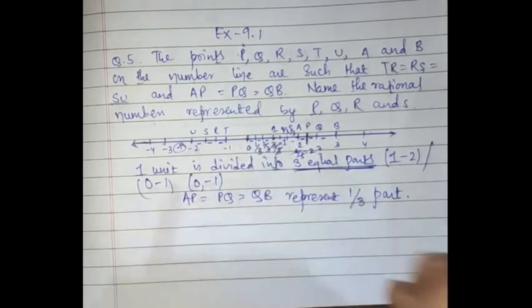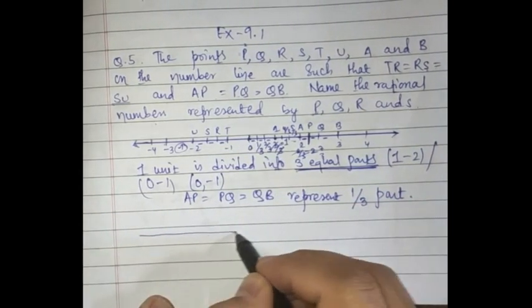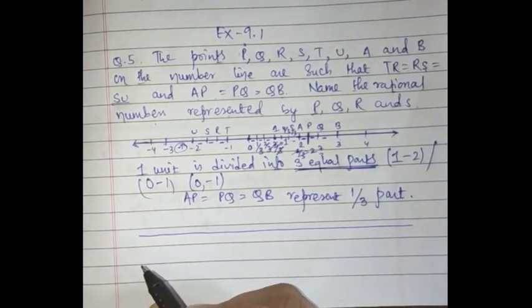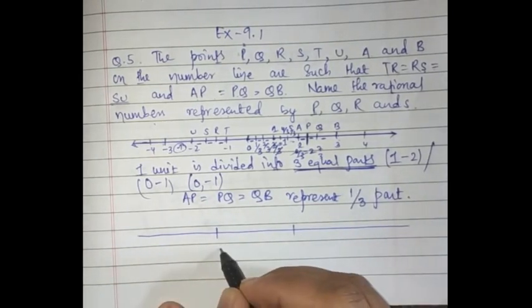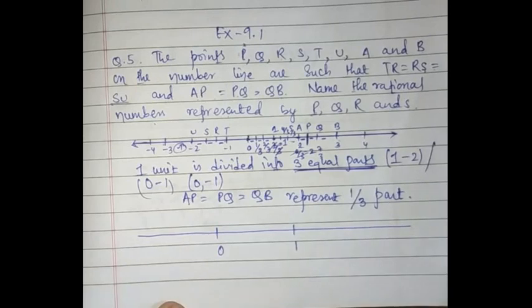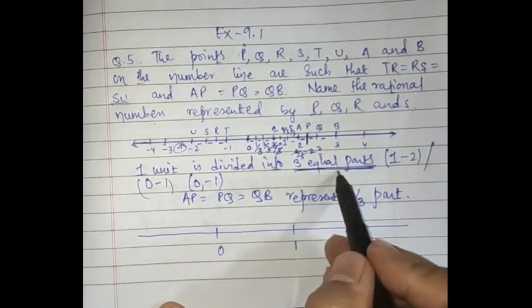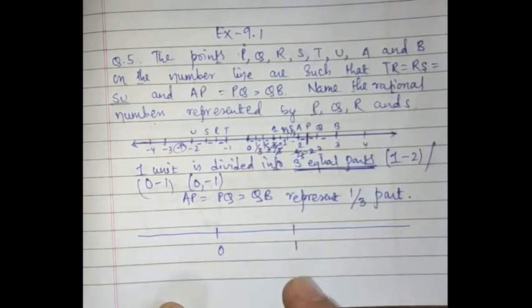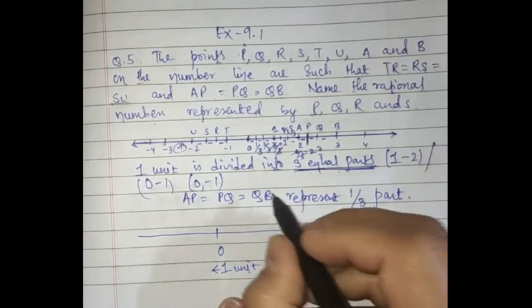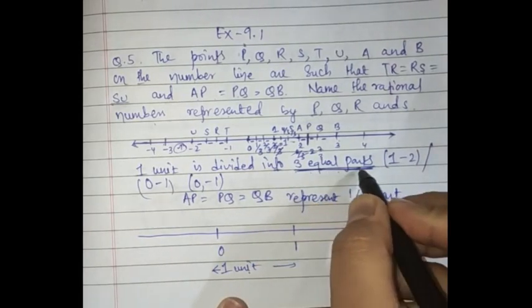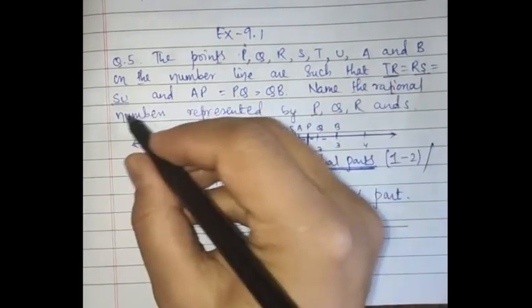So again I'm explaining this in a broader way. From 0 to 1 there are 3 equal parts. That is 1 unit. 0 to 1 is your 1 unit, right? And 1 unit is divided into 3 equal parts. 1, 2, 3.